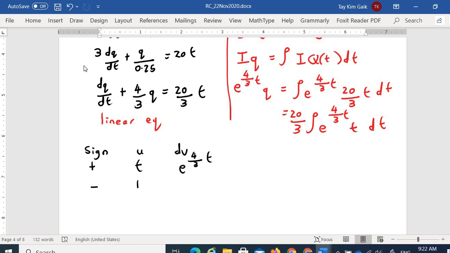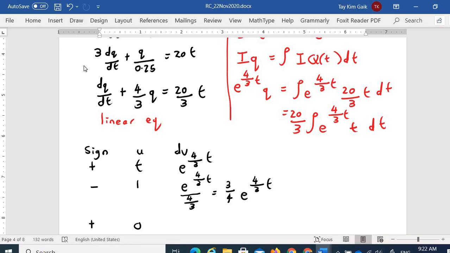So for dv you integrate. You divide by 4/3. So actually you get 3/4 e^(4/3 t). So in the differentiate column you have 0. If u is a polynomial you can differentiate until 0.